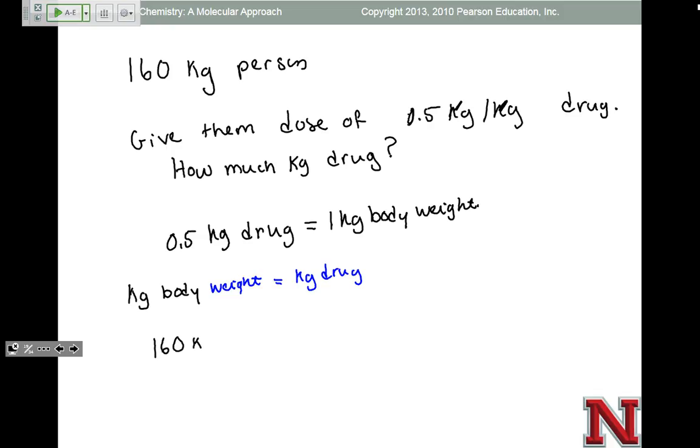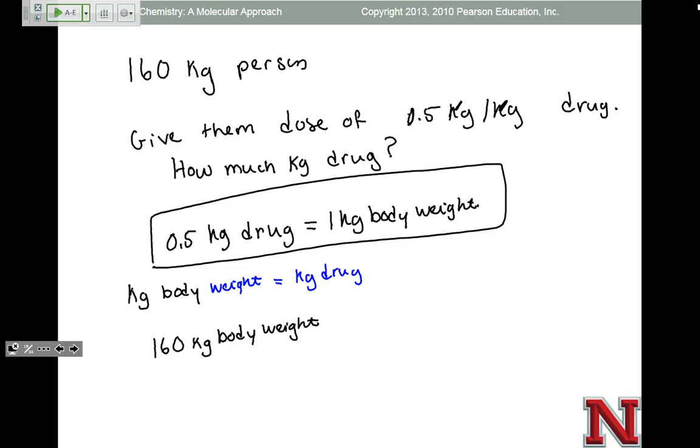So when we're doing this calculation, 160 kilograms, I want to write not just kilograms, but also body weight. Because my relationship is this. So when I'm trying to figure out what part of my relationship can be canceled out, I can't cancel out kilogram body weight by kilogram drug. So what has to go at the bottom?